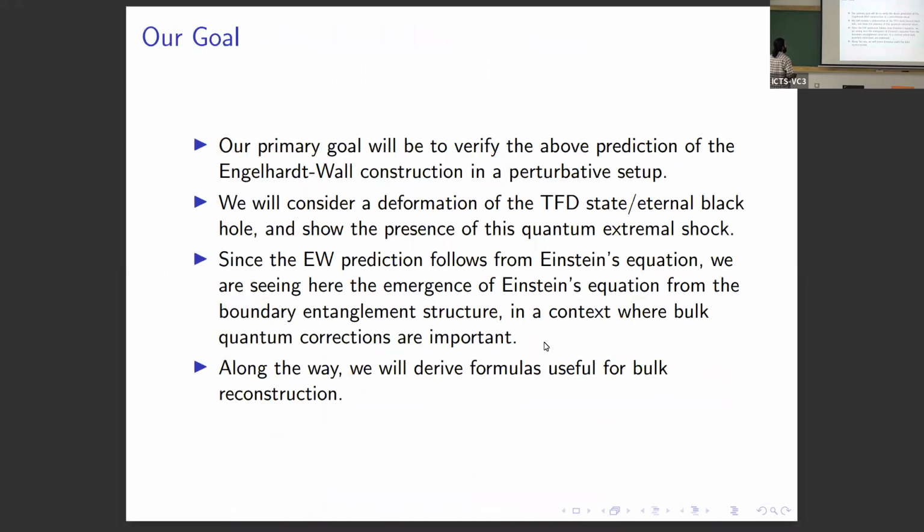So in this talk, much of it is over, but still, the goal of this talk was to use the techniques that I had tried to introduce, tools such as the reflection operator and the canonical purification, to show from a CFT point of view that the bulk stress tensor in the bulk dual to the canonical purification indeed has such a shock.